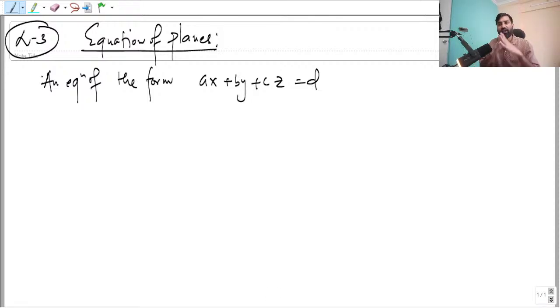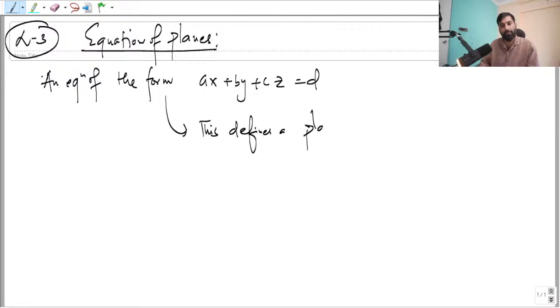An equation of the form ax + by + cz = d is going to be called the equation of a plane. That defines a plane.